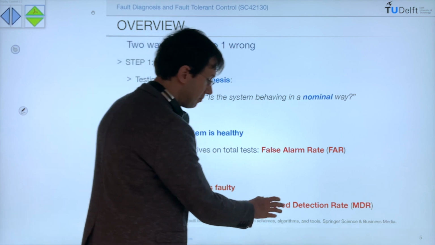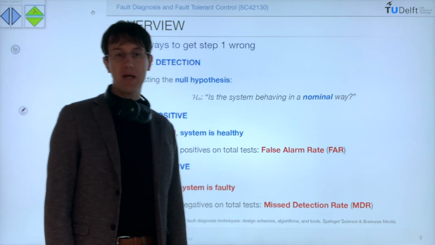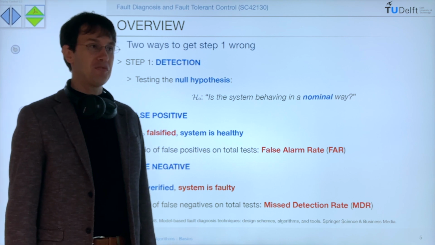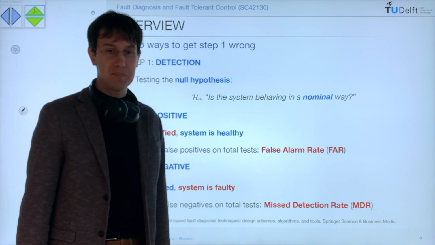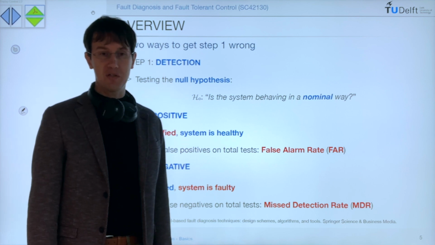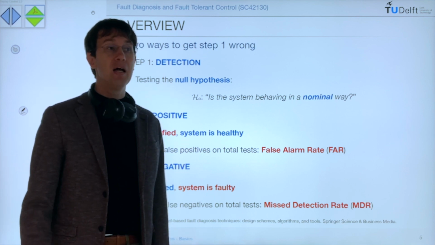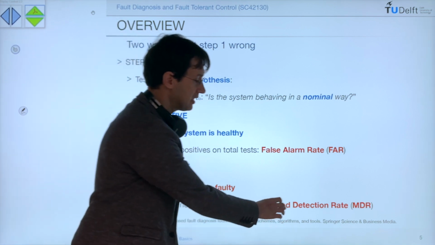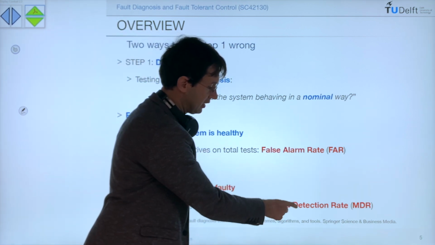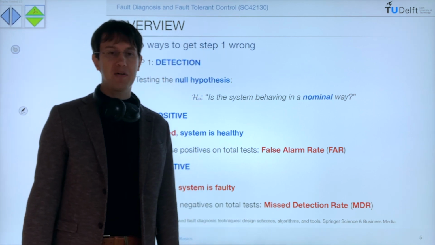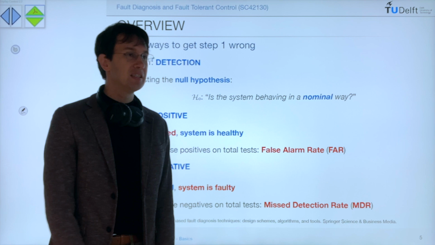On the other side, misdetection rates are somewhat more acceptable from the point of view of people operating the system. You know that the diagnosis system is not perfect, so you know that some alarms will be missed. So if you know that this number is pretty much 0, and this number is low, well, you probably have a good detector in practice.